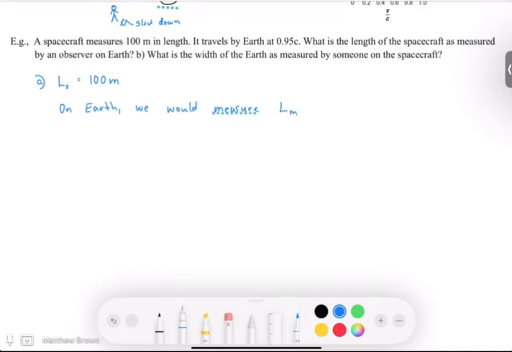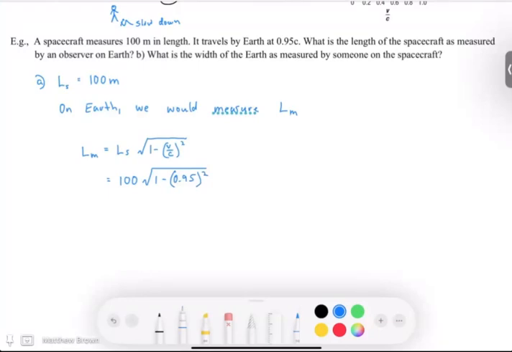We're measuring the length of something that's moving. So we can just use that equation that we just derived, which is L_M equals L_S times the square root of 1 minus (v over c) squared, which equals, L_S was 100, and this is 1 minus 0.95 squared.